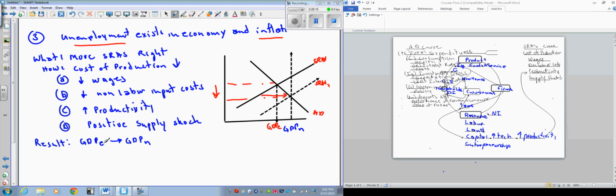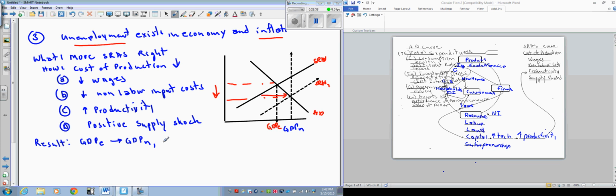Your GDP equilibrium is always going towards GDP natural. You do not have to say it goes left to it or it goes right to it. You don't have to, and don't say that GDP natural goes towards GDP equilibrium, because that isn't what's happening. It's always GDP equilibrium is going to GDP natural.